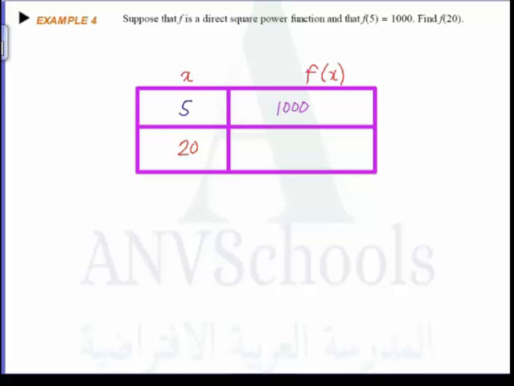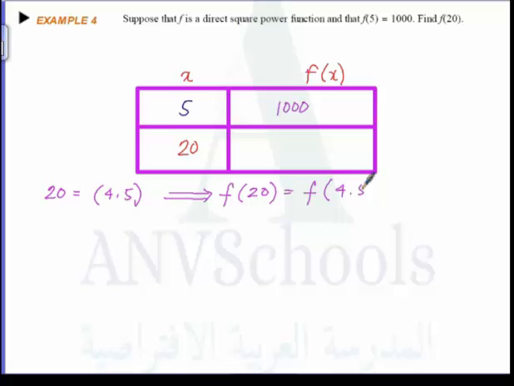Let's rewrite our 20. Let's write 20 is equal to 4 times 5. Then our f of 20 is therefore f of 4 times 5.